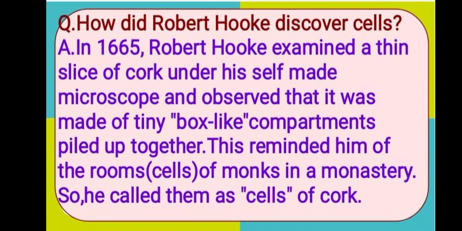This reminded him of the rooms or cells of monks in a monastery. So he called them cells of cork. So this is how he discovered the cells. But always remember that the cells which Robert Hooke discovered were dead cells.